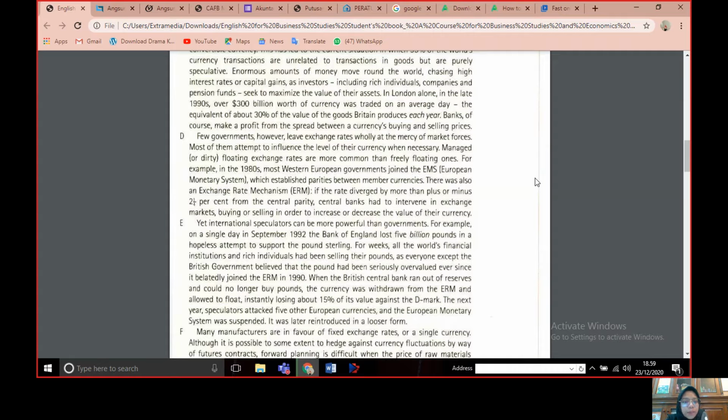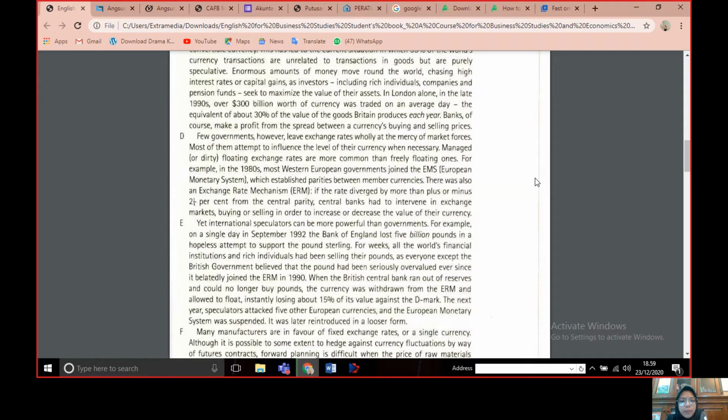For example, in the 1990s, most Western European governments joined the European Monetary System, which established parity between member currencies. There was also an Exchange Rate Mechanism (ERM).